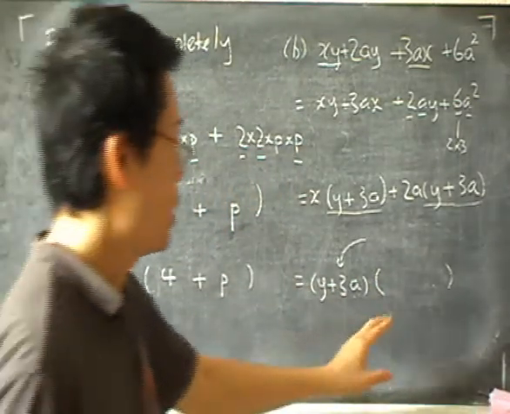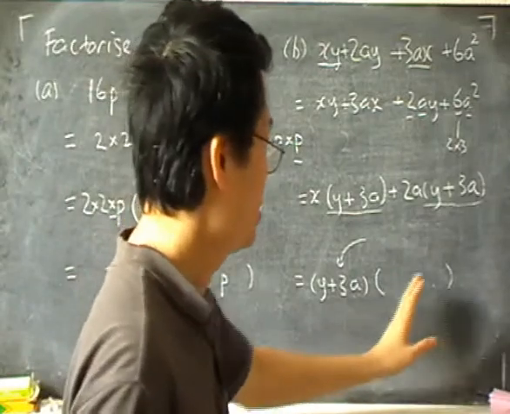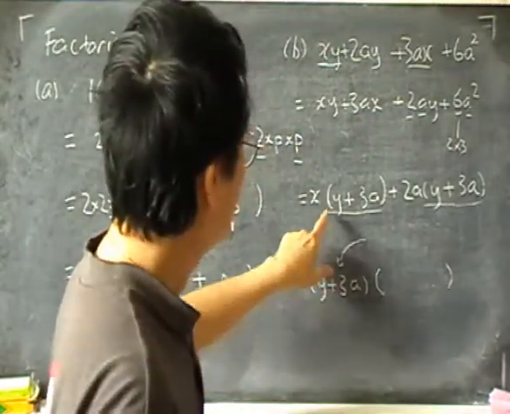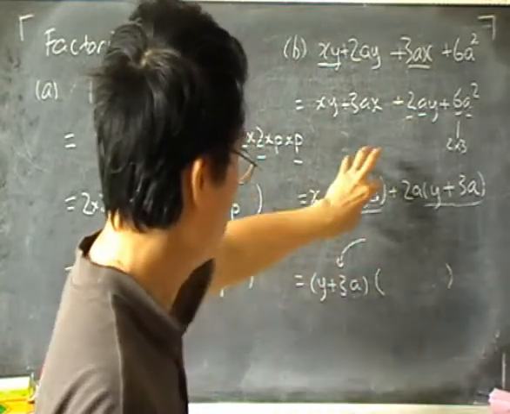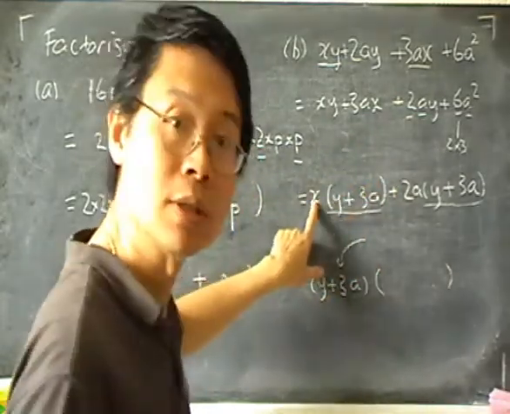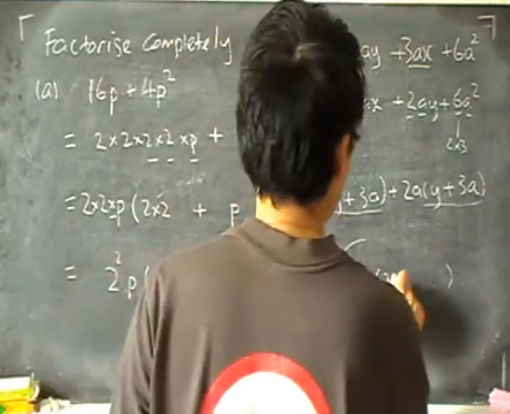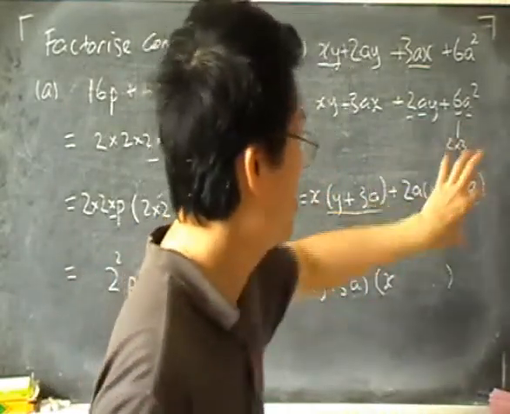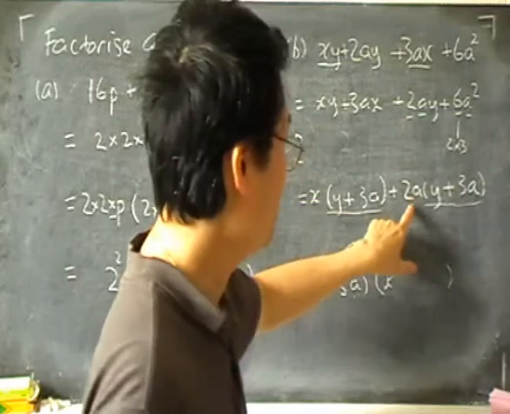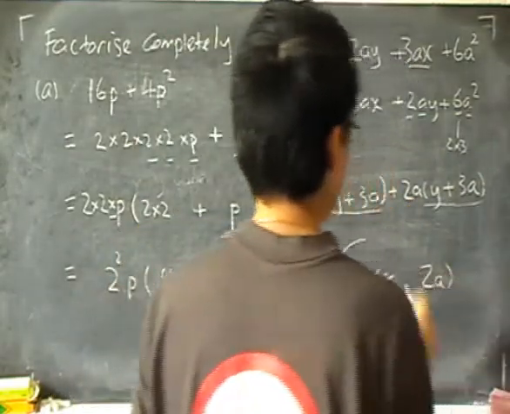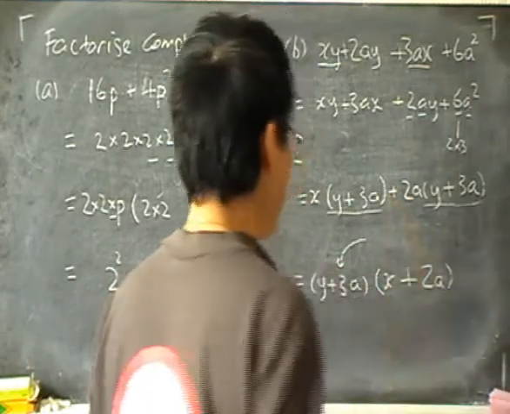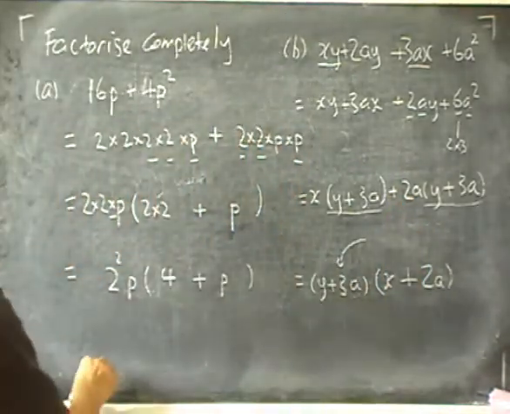And then I must write down whatever remains in the bracket. So in this term, if I've taken out this bracket, I'm left with x. And in that term, after taking away the bracket, I'm left with 2a. And I must add them. So that finally is our answer.